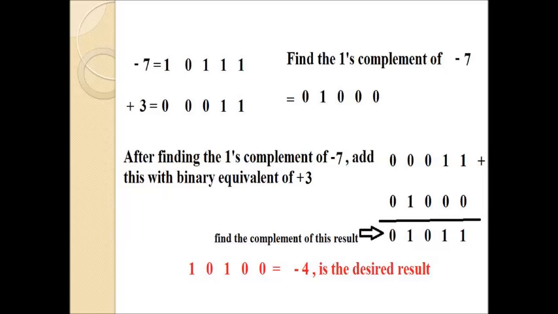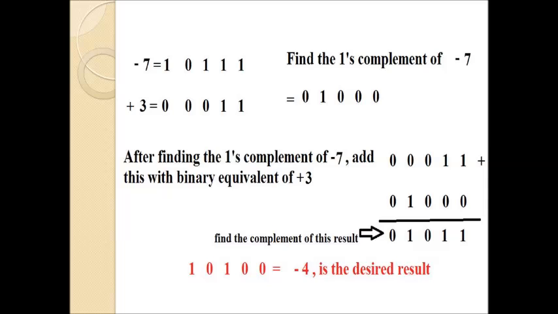The basic rule is that we always find the ones complement of the negative number. So here we are given two numbers, -7 and +3, and we are going to find the ones complement of -7. On the screen you can see the binary equivalent of -7 and +3.